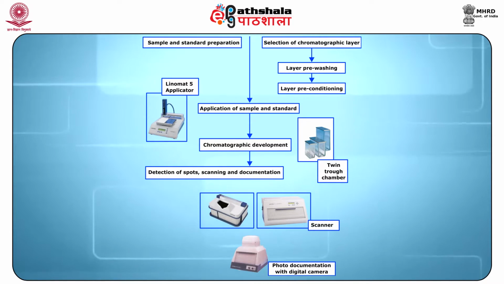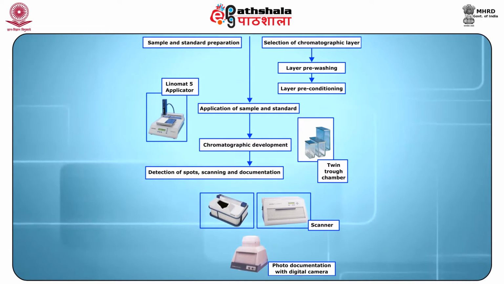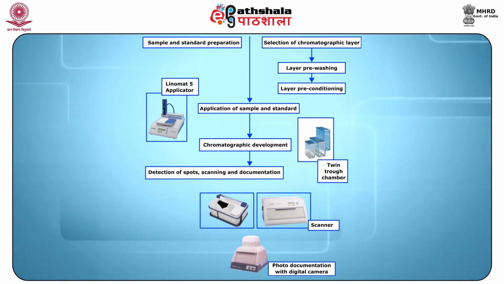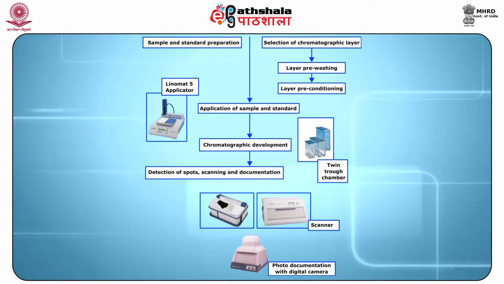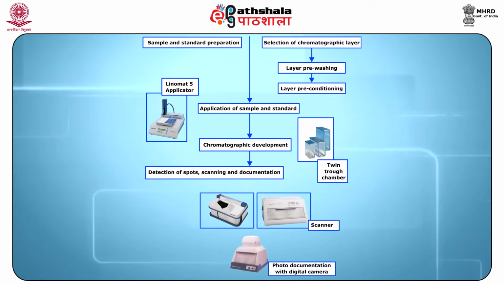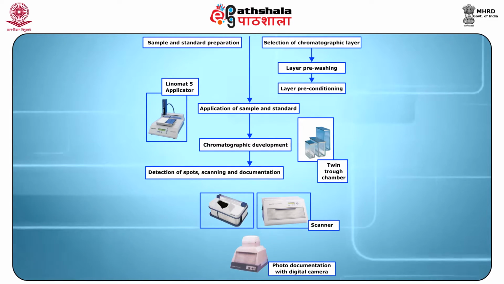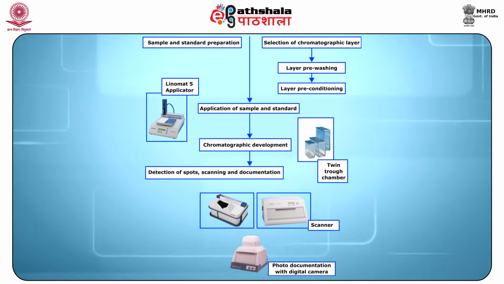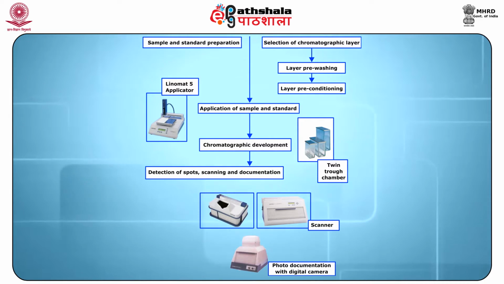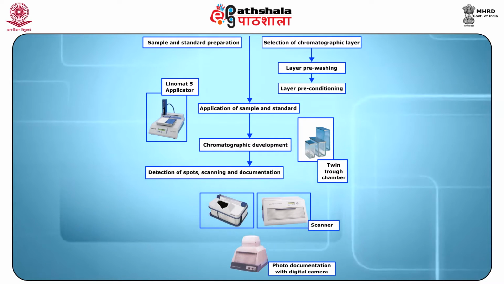The plates are moved by a motorized transmission system at a consistent feeding rate of 10 centimeters per second to ensure a homogeneous layer. The following chart represents how HPTLC is carried out: sample and standard preparation, application of the sample and the standard, chromatographic development, detection of spots, scanning and documentation.